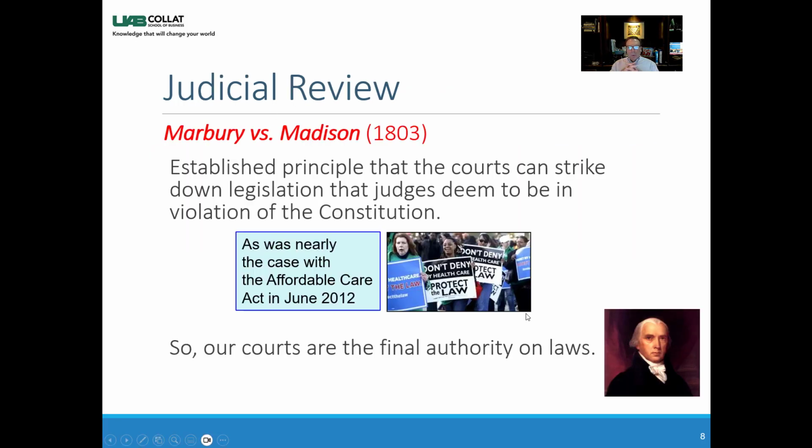Believe it or not, it really was not clear for the first 25 years or so of the existence of the United States of America exactly what happened if a legislature passed a law that was contrary to the U.S. Constitution, but the Supreme Court settled that in this very famous case, Marbury versus Madison in 1803, and many, many times the U.S. Supreme Court has had to decide whether a law can survive or not as being consistent with the U.S. Constitution.